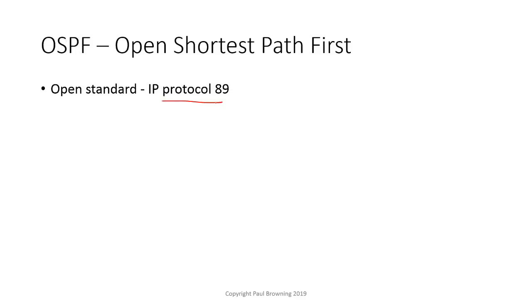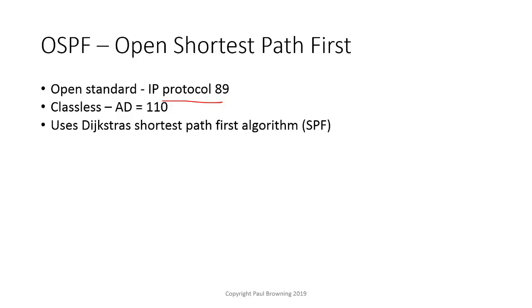OSPF, just a few little things that you could look for in the exam questions. Administrative distance there. The other weird thing is they ask you the name of the algorithm. I don't know why they do that, so I think it's a silly question, but if you could pronounce this, it uses the SPF algorithm. They'll try and trip you up between that and the EIGRP algorithm names.